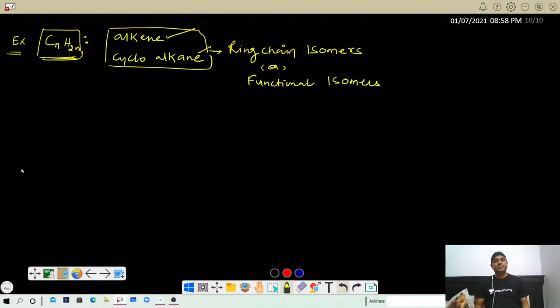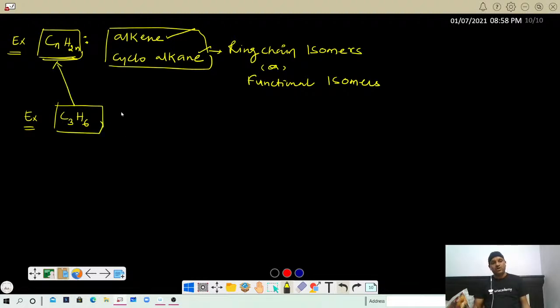Example, let's start with the minimum carbons. Minimum carbons means how many carbons can we write? C3H6. Okay, is the formula matching with this?